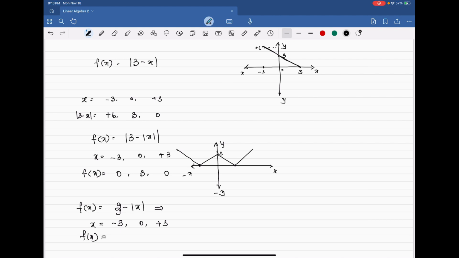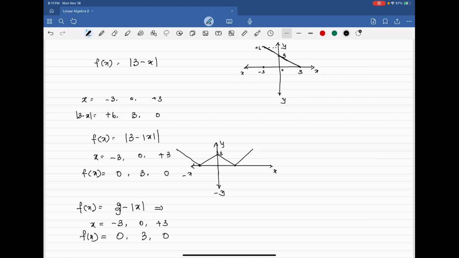When x is equal to minus 3, 3 minus the absolute of minus 3 is 3 minus 3, equal to 0. When x is equal to 0, that will be 3 minus 0, which is 3. When x is equal to plus 3, 3 minus 3 is equal to 0.